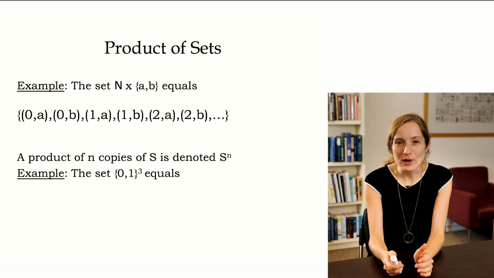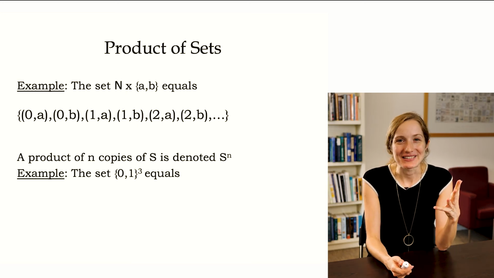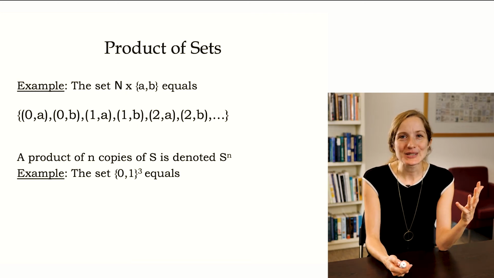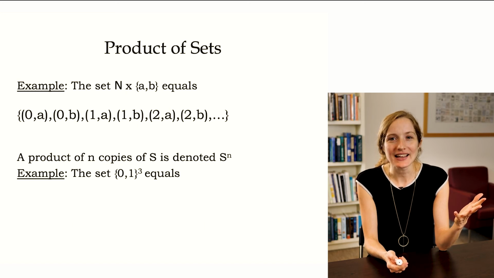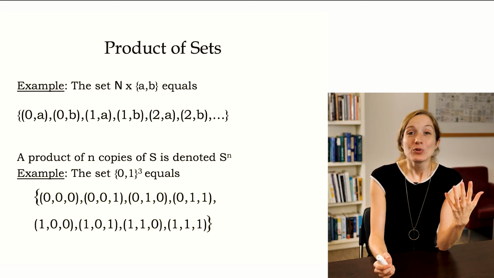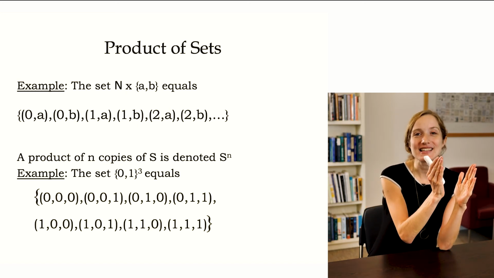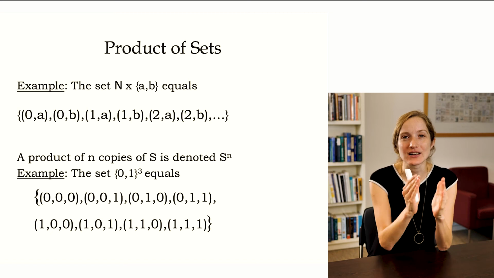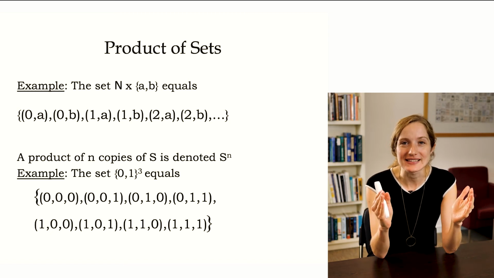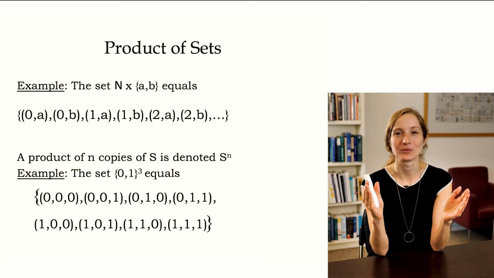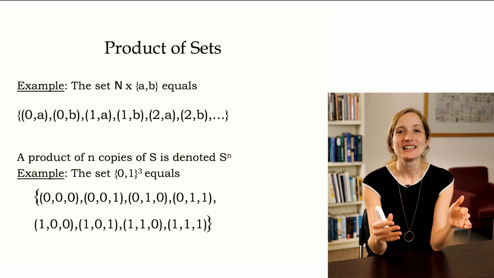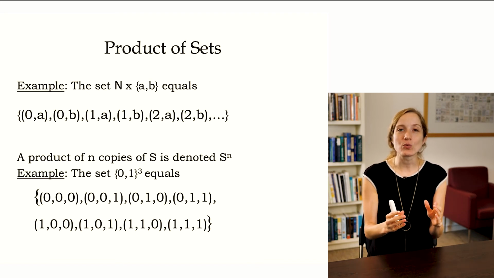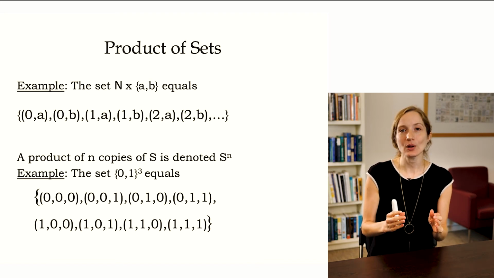And tell me about this thing. How many elements should this have? What should the elements look like? Well, first of all, because I have the set cross the set cross the set, I've got 3 sets that I'm taking the Cartesian product of. The elements of the resulting set will be 3-tuples.